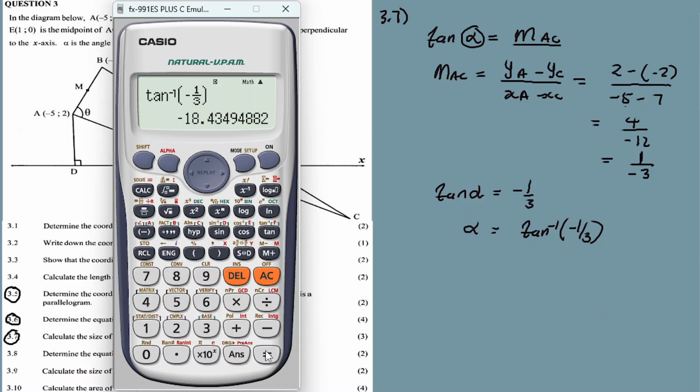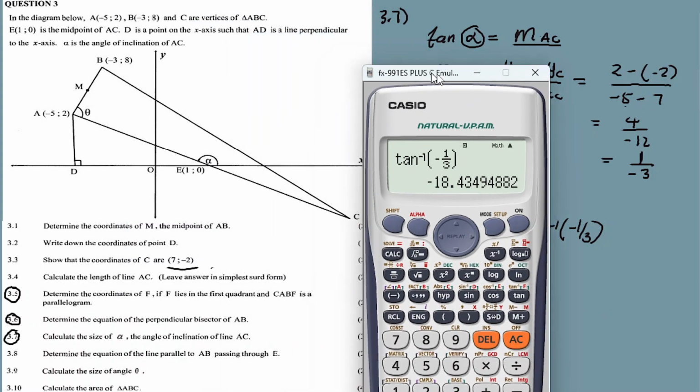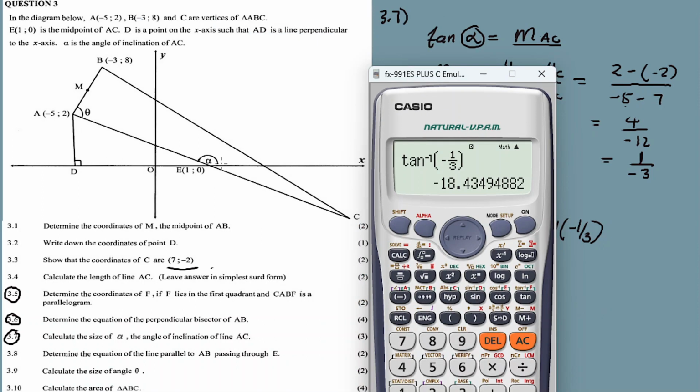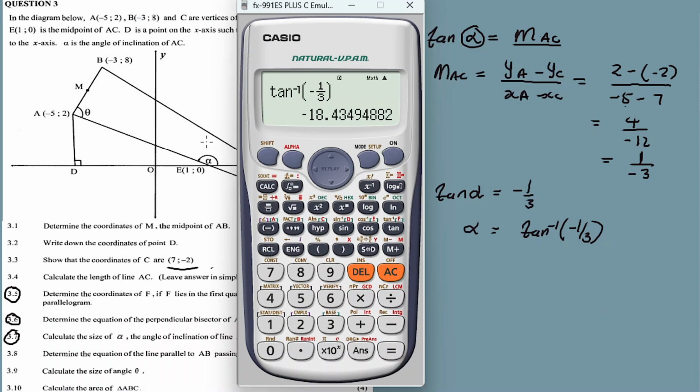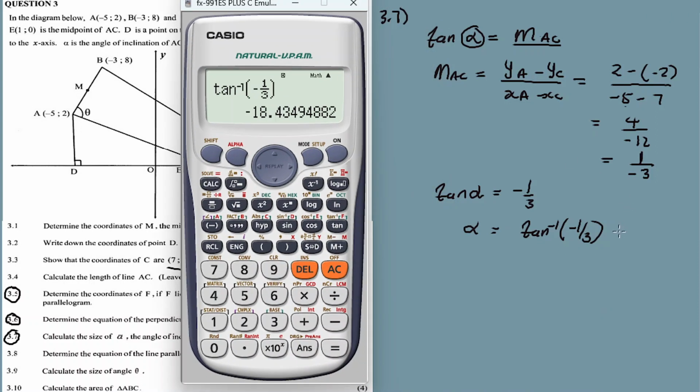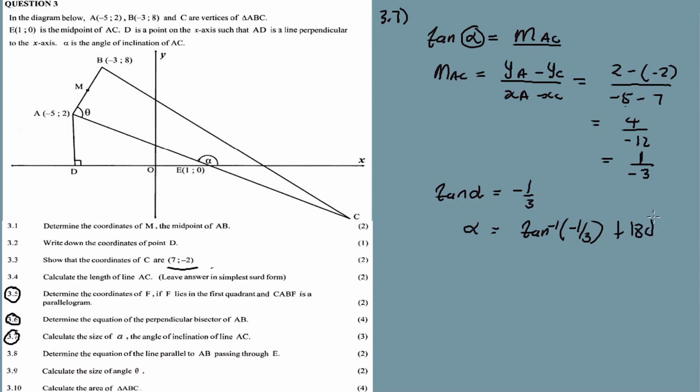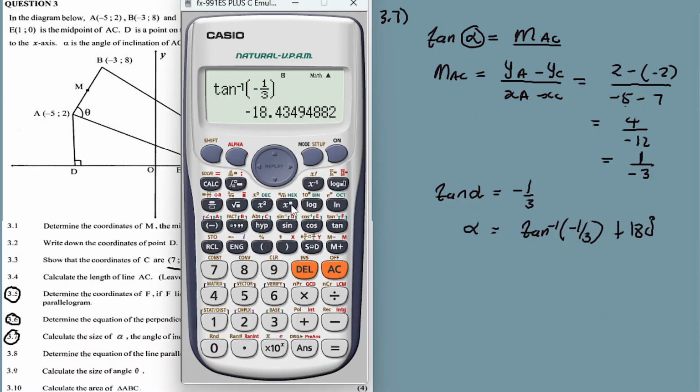It's negative 18 degrees. But check this out: we can't have a negative angle, and this alpha is an obtuse angle. So if it's a negative gradient and your angle is obtuse, you always add 180 degrees.